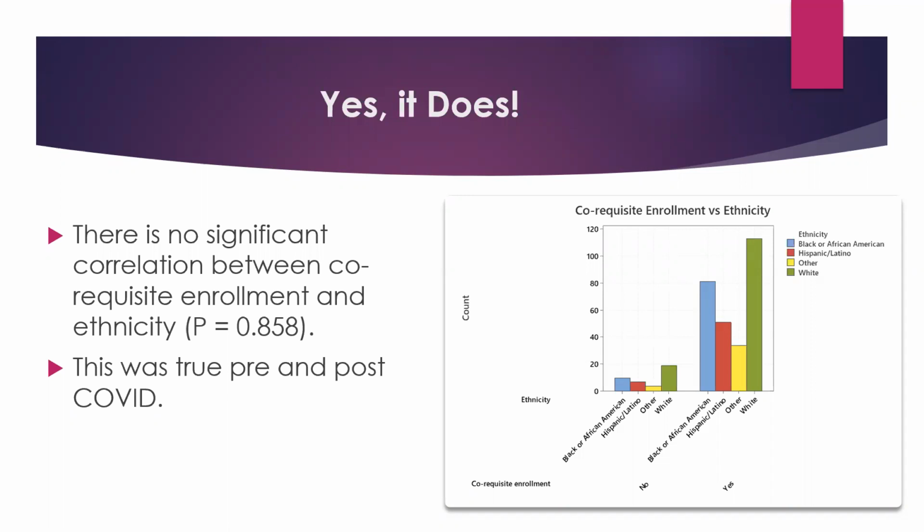What placement system do you have in place to determine which students need to enroll in the co-requisite course? Okay, I love this question. So right now, actually starting in spring of 2020, we went test optional. Students coming in do have ACT, SAT scores, and we use those for placement.